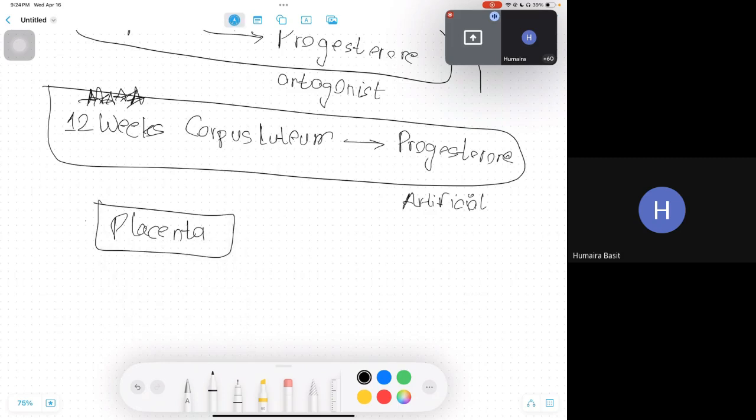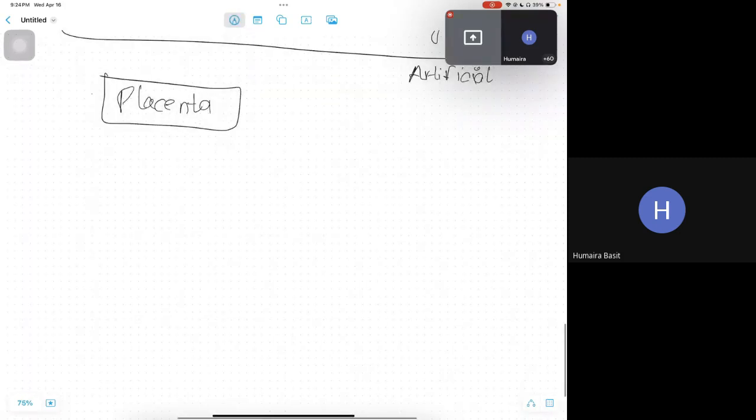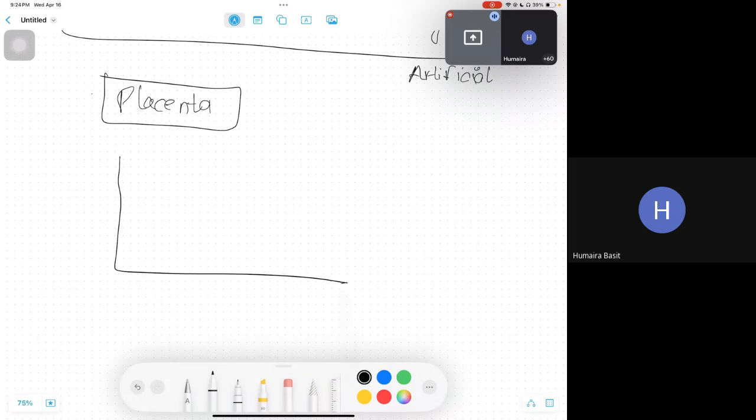So another important thing is that they can give you this kind of a graph, and on this side there will be a picture like this, and on the other side a picture like this, and they'll just say this is placenta and this is corpus luteum, and they will tell you to mark those x's, what does this stand for and what does that stand for.